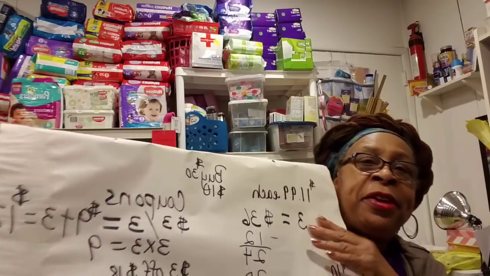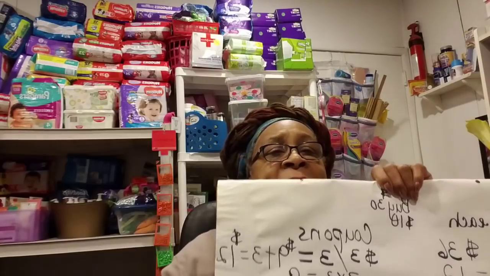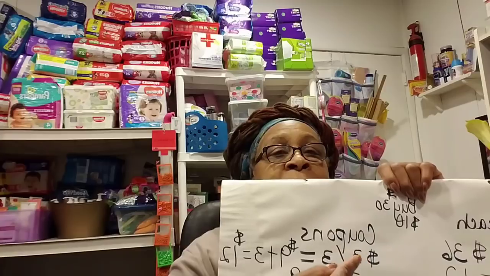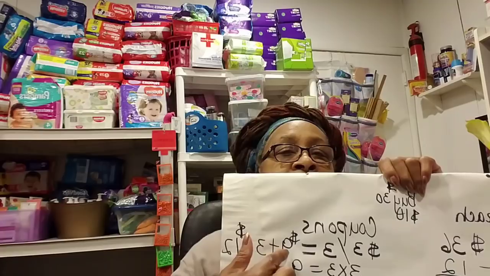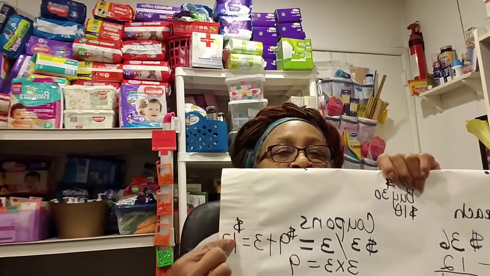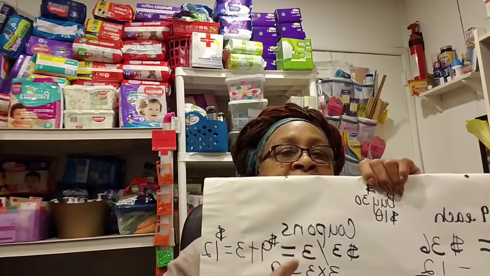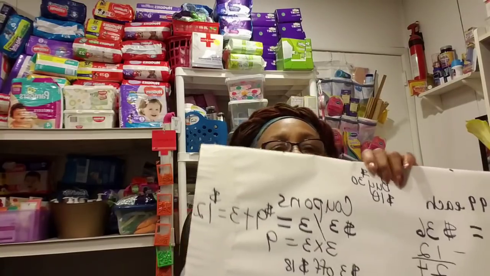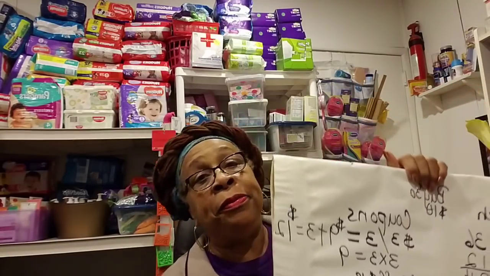Altogether, I got $12 off. I'm sorry that it's backwards; I don't know how to write the opposite way to make it come out the right way.